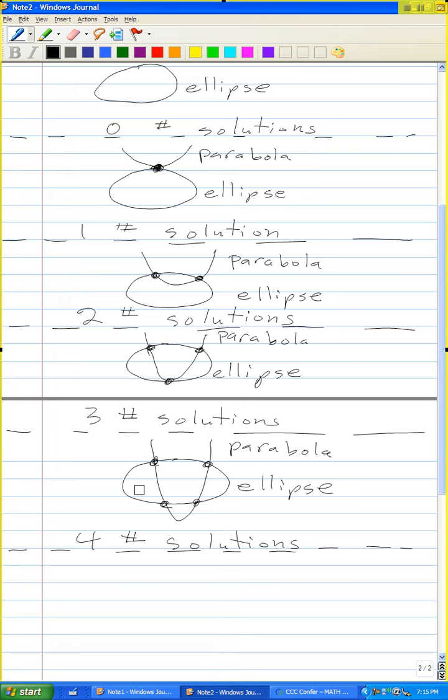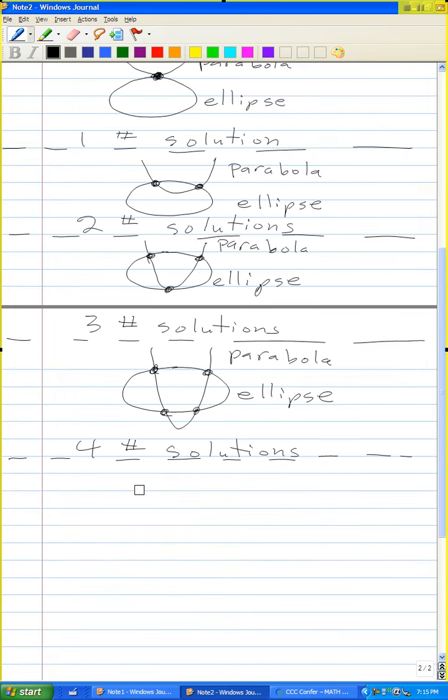Okay, so let's also recall techniques for solving systems of linear equations.